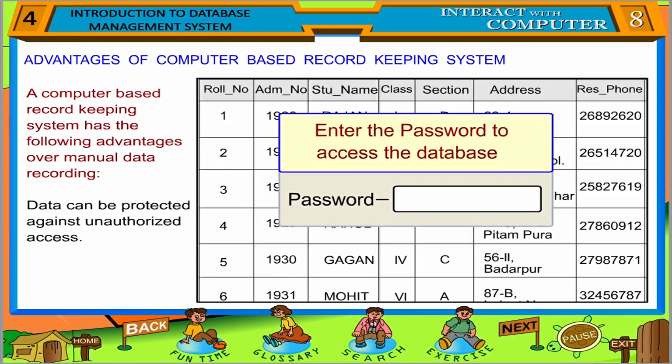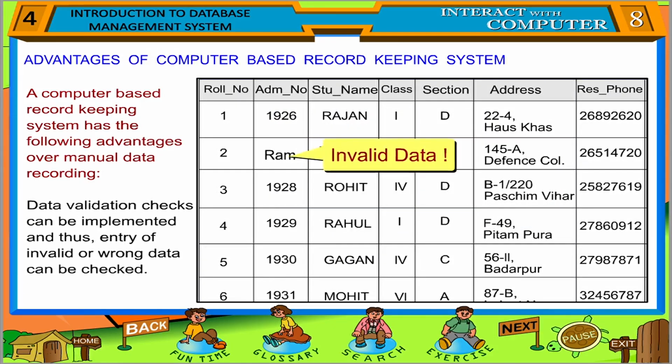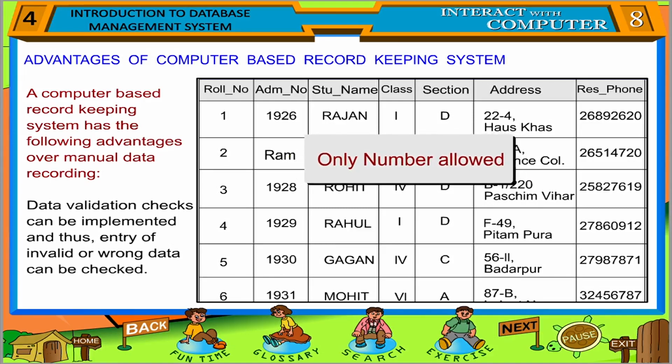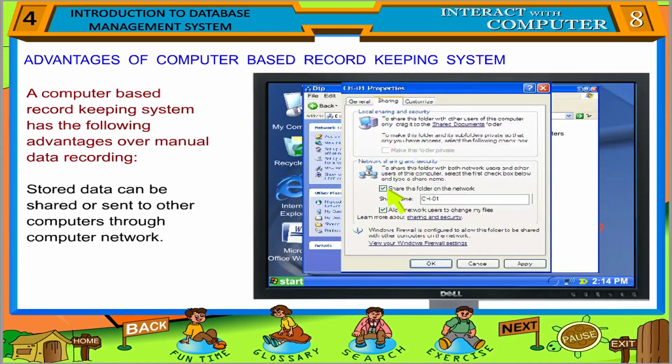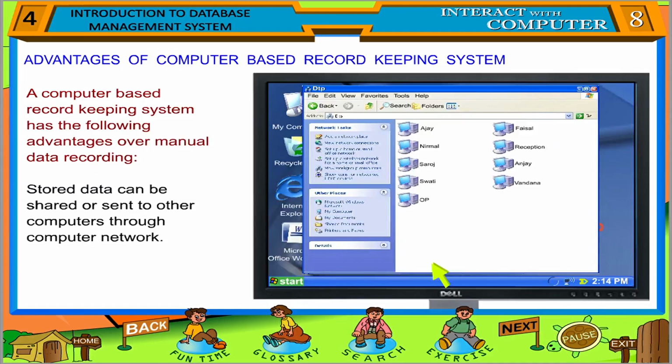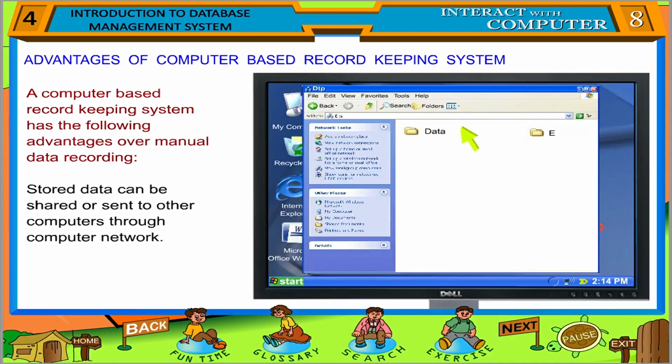Data can be protected against unauthorized access. Data validation checks can be implemented, and thus entry of invalid or wrong data can be checked. Stored data can be shared or sent to other computers through computer network.